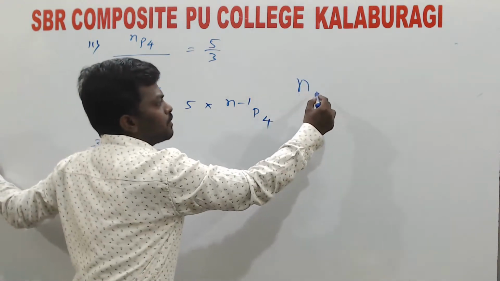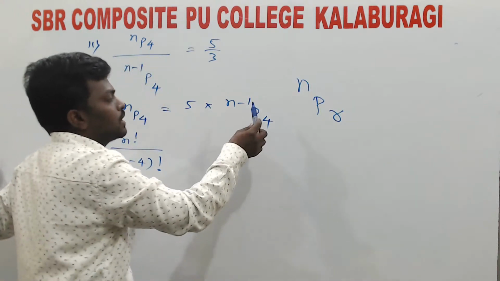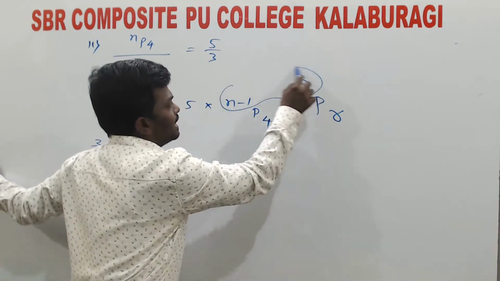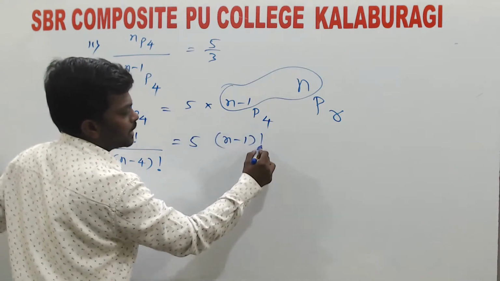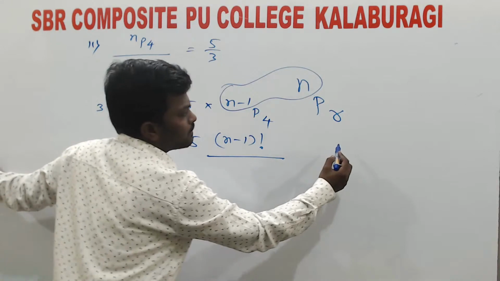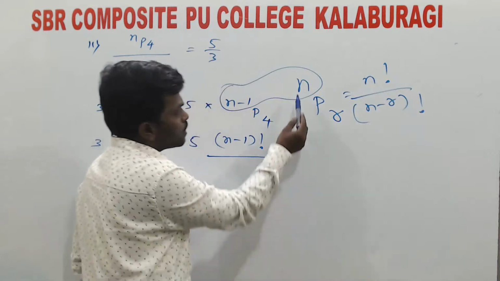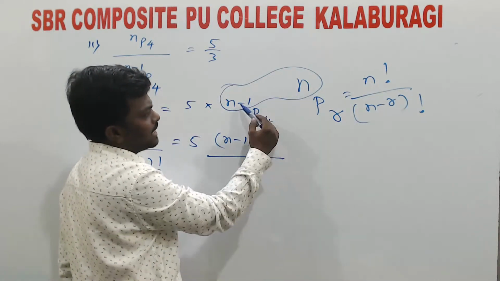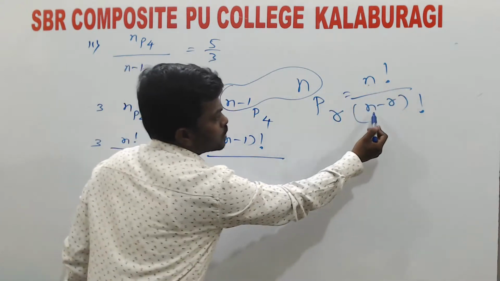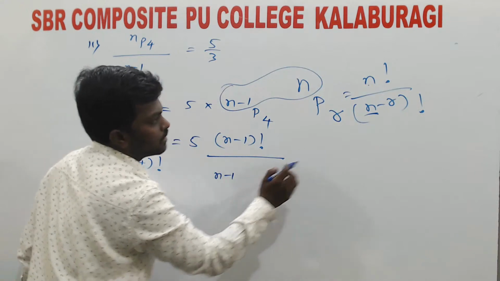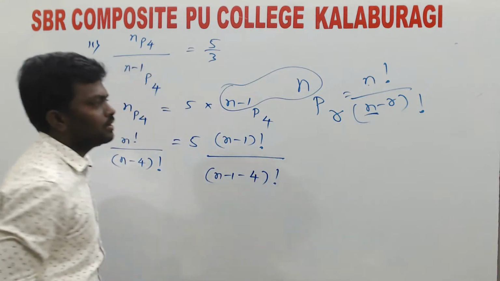So now apply the formula. The general formula: nPr is equal to n factorial by n minus r factorial. But in this case, our n is n minus 1. So replacing n by n minus 1, it will be n minus 1 factorial divided by n minus 1 minus r, and r here is 4.